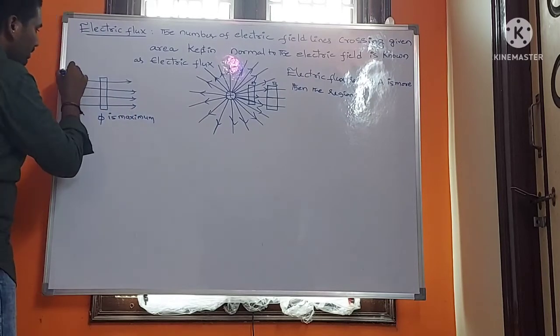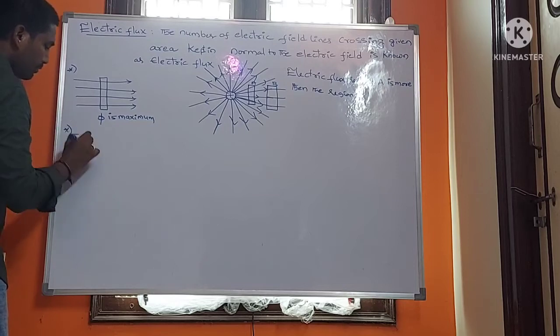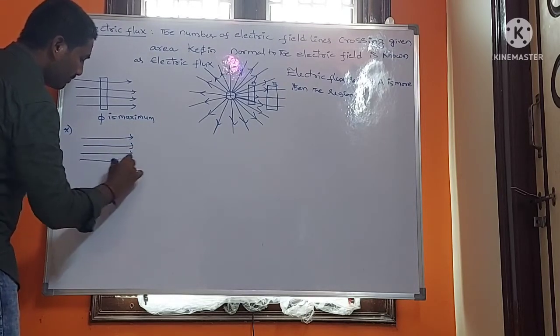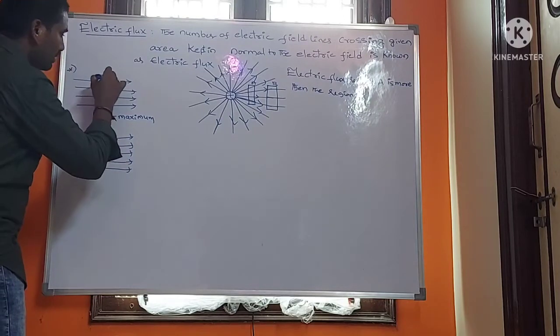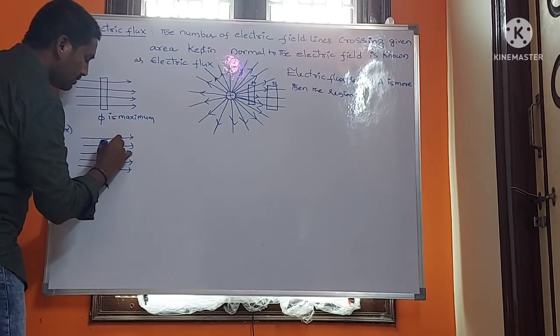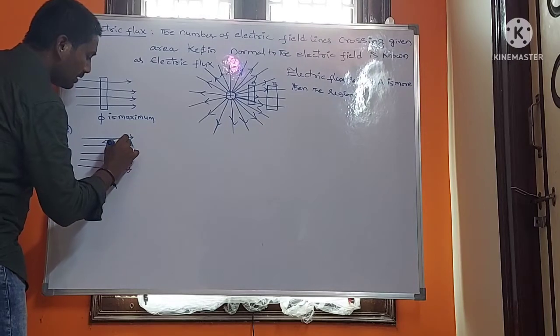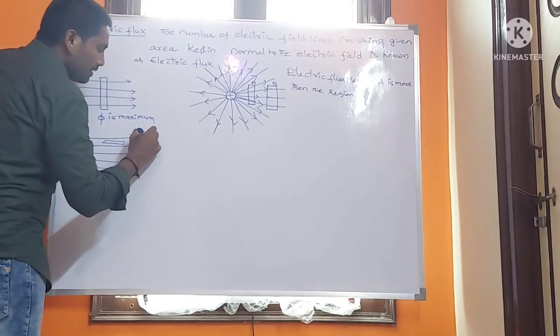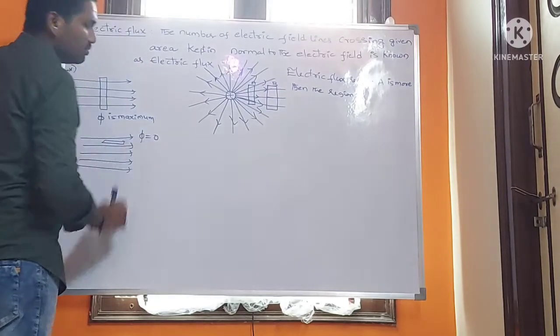Suppose another condition: the electric field has the same direction, but this area is placed parallel to the field. At that time, the electric flux is equal to 0.